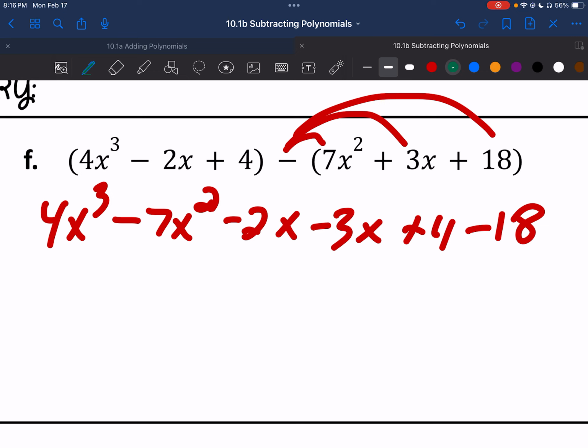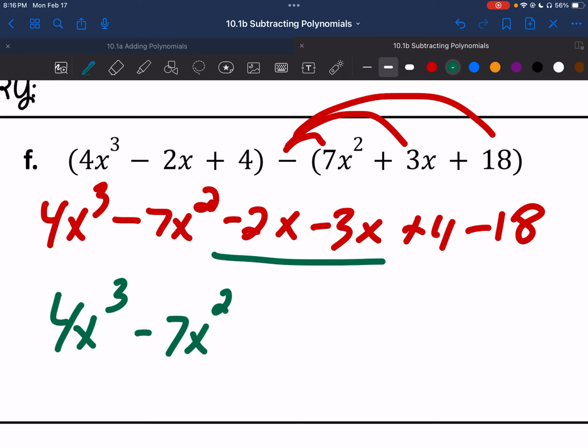So 4x cubed, no like terms, it stays the same. Minus 7x squared, no like terms, stays the same. Negative 2x minus 3x is minus 5x. And we've got positive 4 minus 18. Positive 4 minus 18 is going to be minus 14.